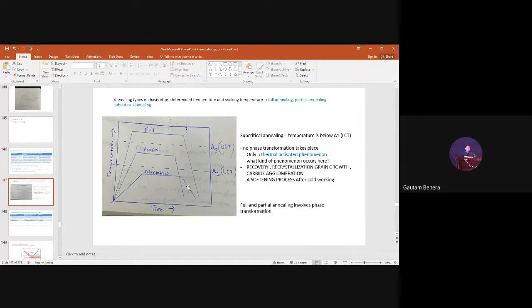If recovery, recrystallization, grain growth happen in a steel, then it will become soft or hard? Soft. Somehow, how will it become hard? So, soft.